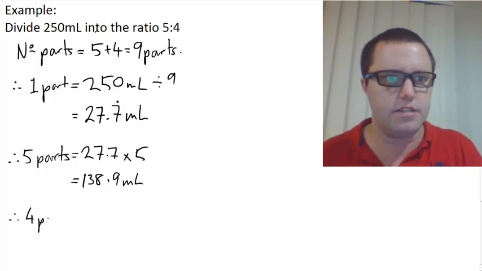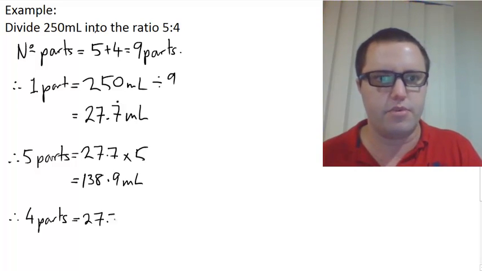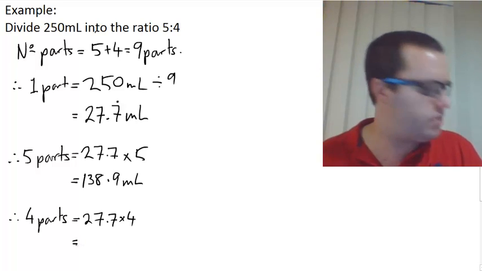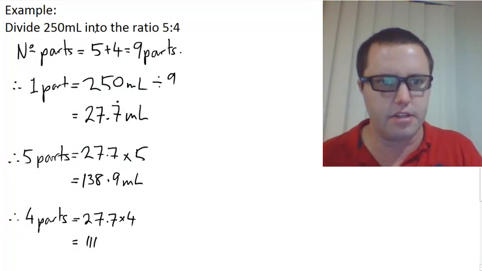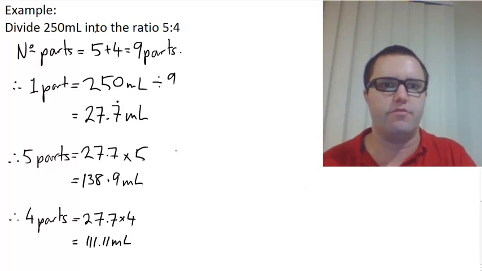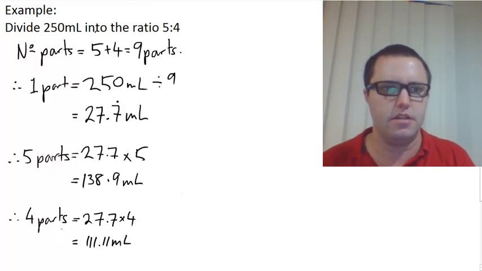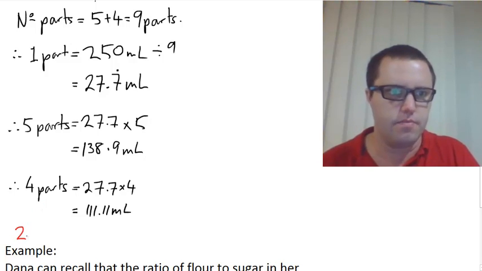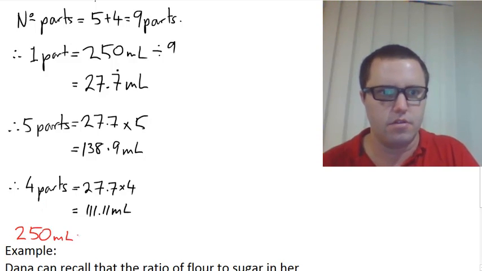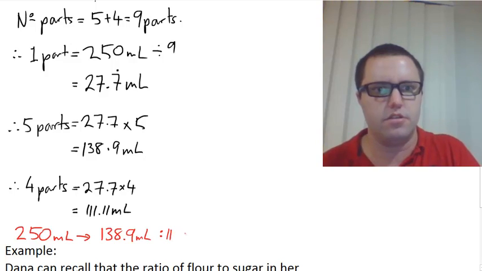And 4 parts is equal to 27.7 times 4, which is 111.11 milliliters. So for this one, 250 milliliters has been turned into 138.9 milliliters and 111.11 milliliters.